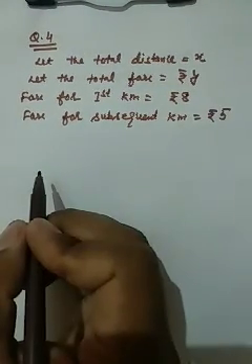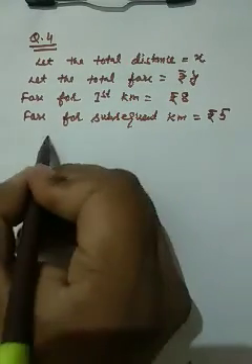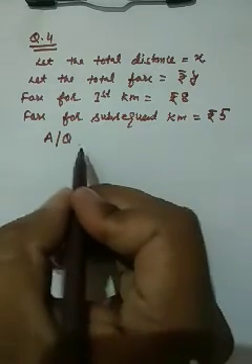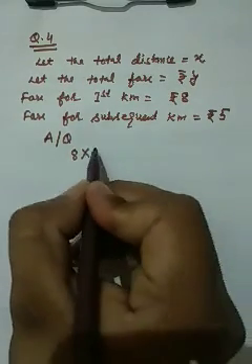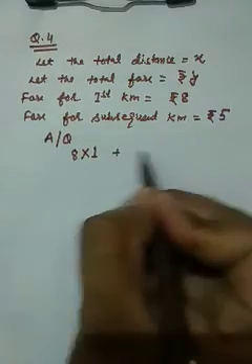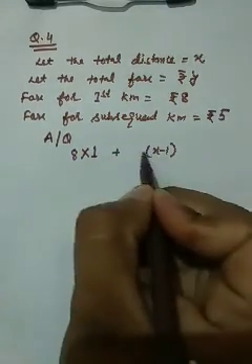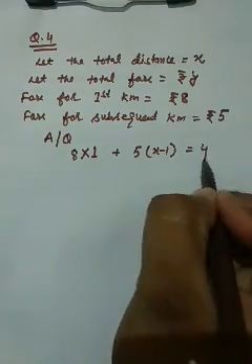So next, according to the question, the fare for the first kilometer is 8 into 1. Now the number of kilometers left from x is x minus 1, and for these kilometers the fare is rupees 5, and this will be equal to the total fare y.